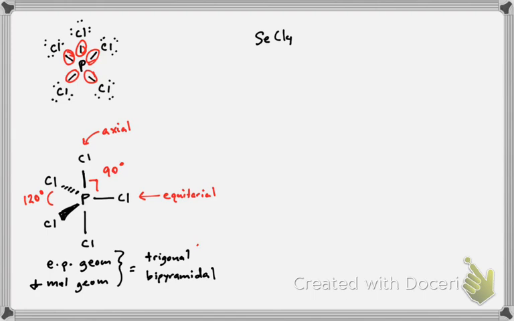And I don't think I got this one in class for the Lewis structure, but if you do the Lewis structure, it ends up being selenium and we've got 4 chlorines. All those lone pairs there.